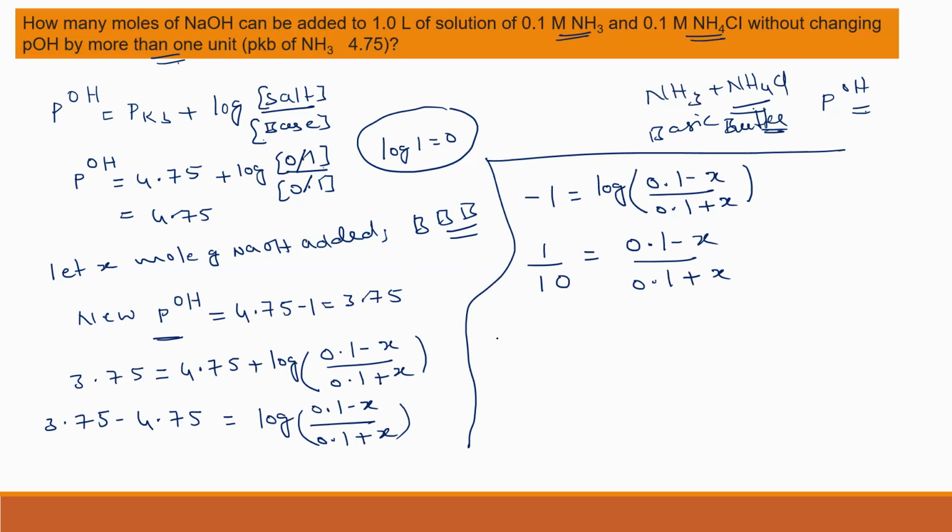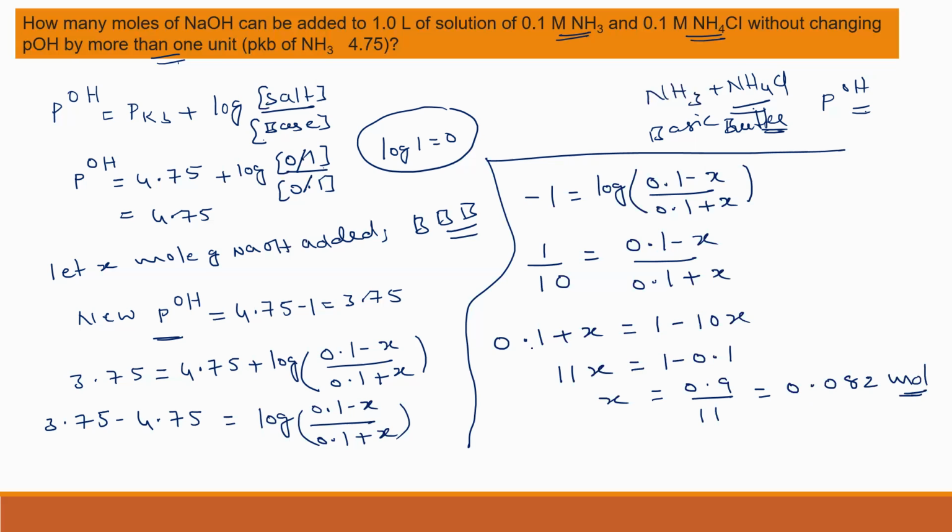Now 0.1 plus x is equal to 10 into (0.1 minus x), which is 1 minus 10x. Bring this 10x to this side and this 0.1 to the other side, so 11x is equal to 1 minus 0.1. So x is equal to 0.9 by 11, which is nothing but 0.082 mole.